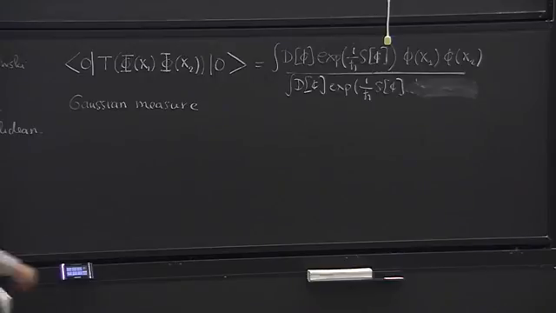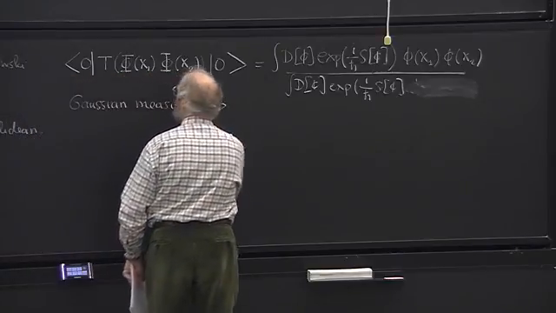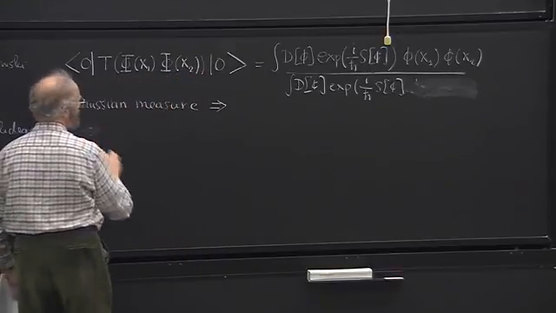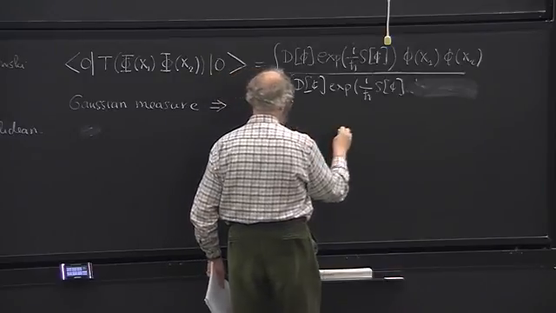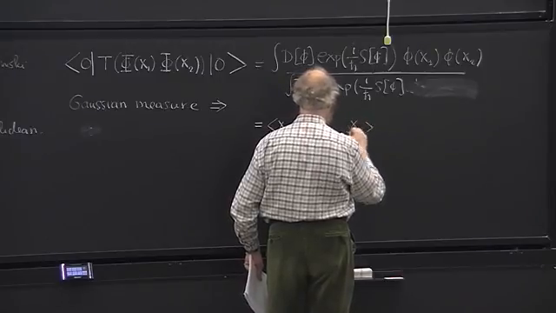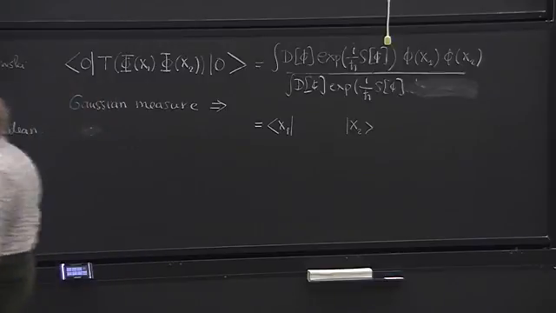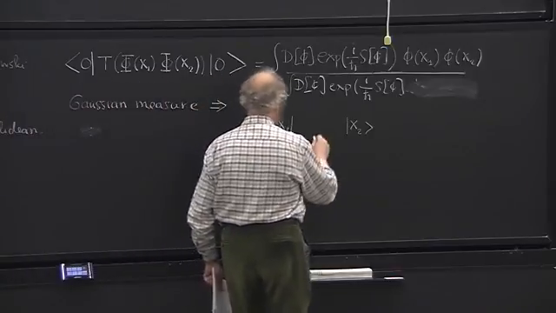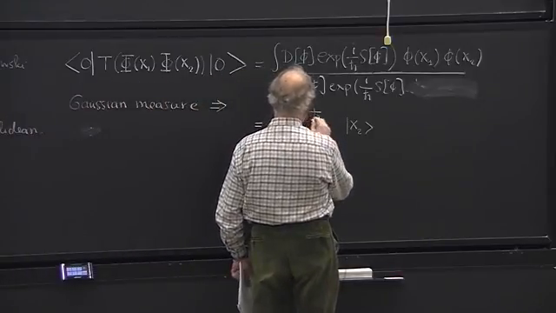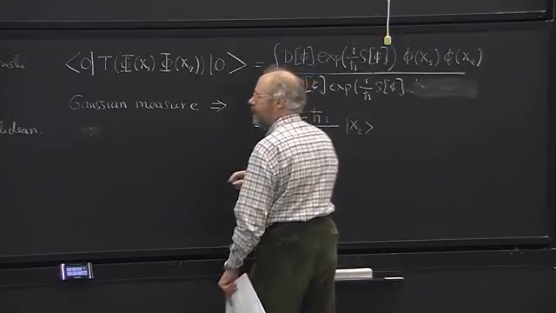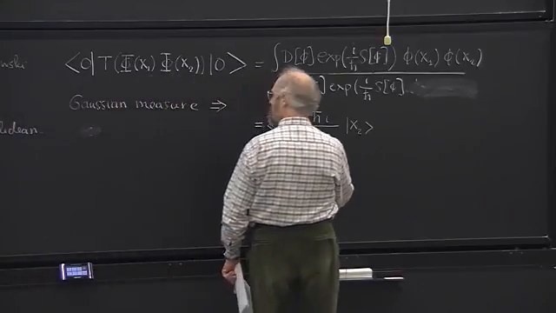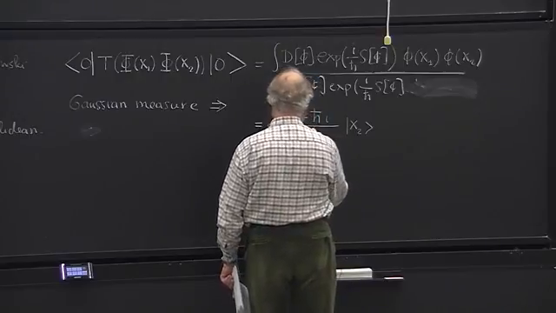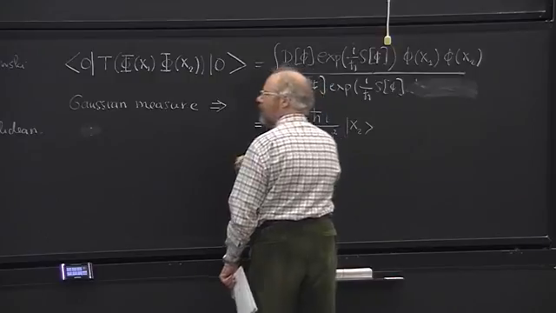Okay, so this implies that this is given by the matrix element, if you want, between the point x1 and the point x2 of the operator. And in this case, there is an i, there is an h bar, so this will be minus h bar i times this operator, minus the d'Alembertian, minus m squared.